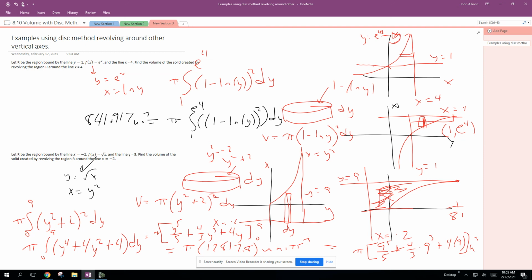And we would have left it like that so that we wouldn't have to worry about it on a non-calculator part on the AP exam. And that's a couple of examples of how we're going to use the disk method revolving around other vertical axes than the y-axis.